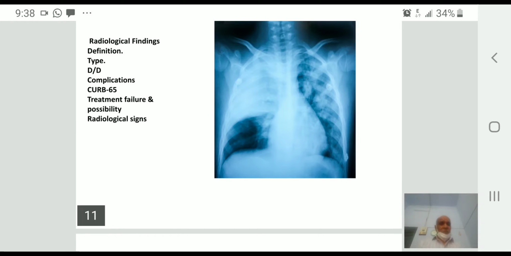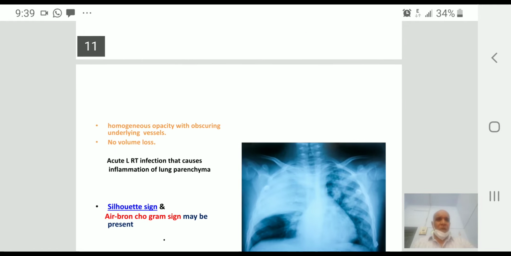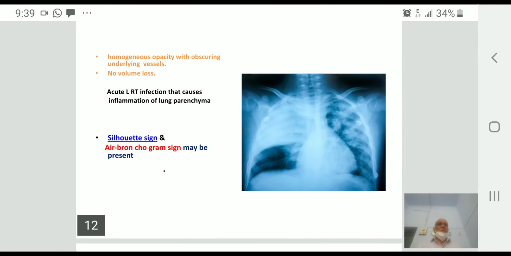There is no lung volume reduction or shifting of the trachea and mediastinum. So the possibility is consolidation, air space consolidation, pneumonia.